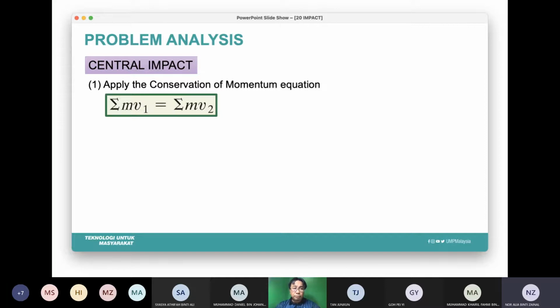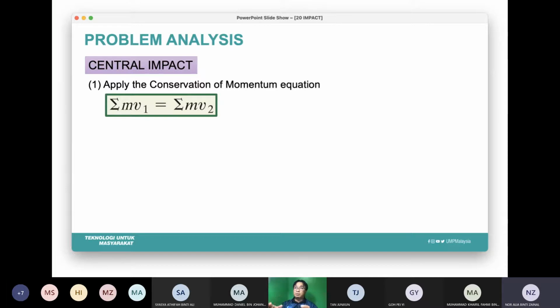And then after you apply this conservation of momentum, you akan dapati tak boleh nak selesaikan problem tersebut because ada dua unknown yang kita tak tahu. Yang kita tak tahu sebab sekarang ni dia melibatkan impact dua objek. So kita nak tahu velocity of the object after impact. So bila you apply the conservation of momentum, you akan ada VA2 dan juga VB2 which are unknown.